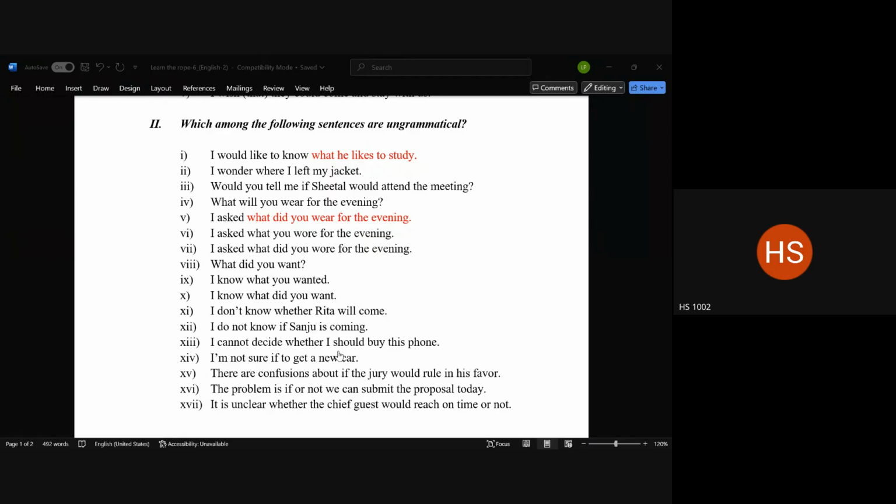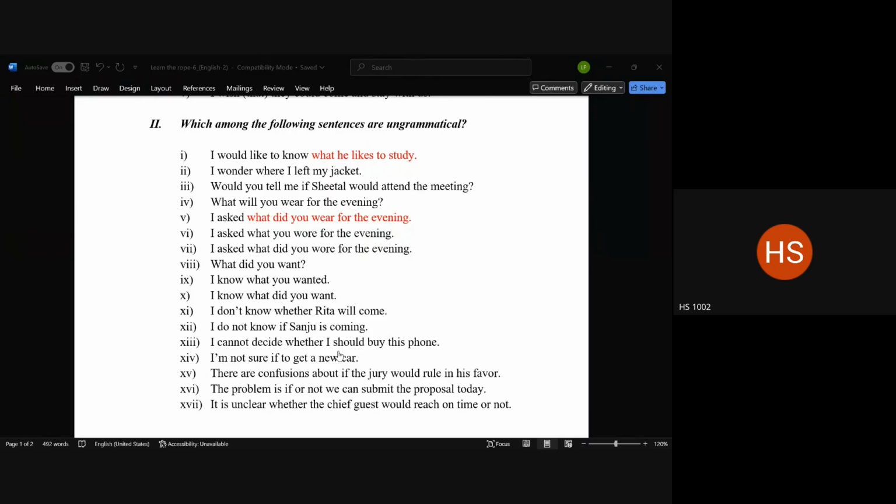So remember, when you have whether as your subordinating conjunction, if anything that follows after that particular conjunction is a full clause, a complete clause, such as in this case, Rita will come, a complete sentence, then you could either use whether or if.